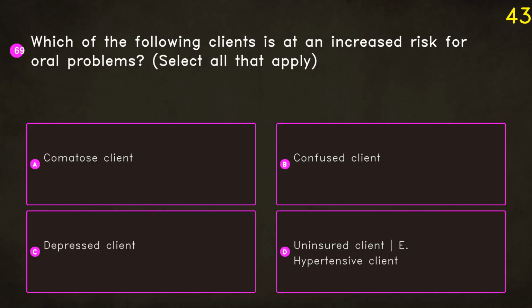Question 69. Which of the following clients is at an increased risk for oral problems? Select all that apply. A. A comatose client. B. Confused client. C. Depressed client. D. Uninsured client. E. Hypertensive client.